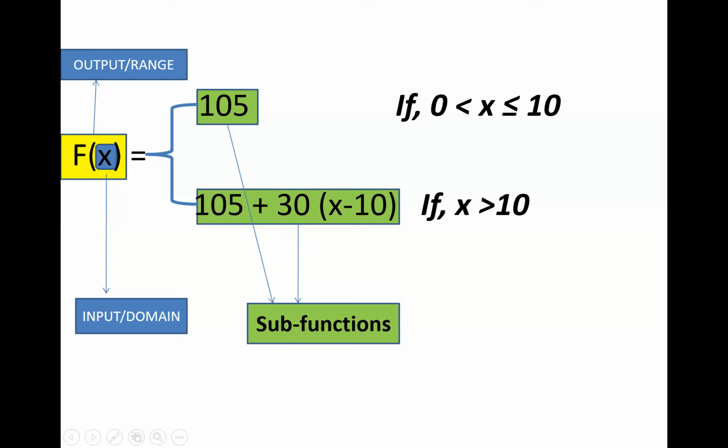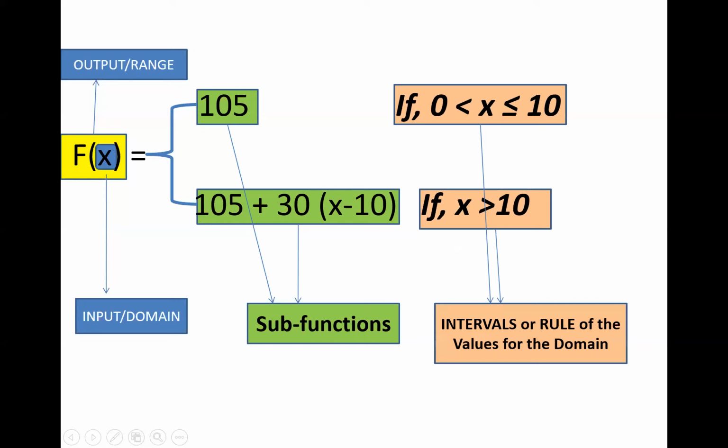And then yung conditions na if x less than equal to 10 and greater than equal to 0, at saka itong if x greater than 10, ang tawag natin sa kanila ay ang mga interval. Okay? Intervals, these are rules, okay, of the values or for the values of each domain sa bawat subfunction natin. Okay? Kaya pansinin nyo, hindi sila nag-overlap.